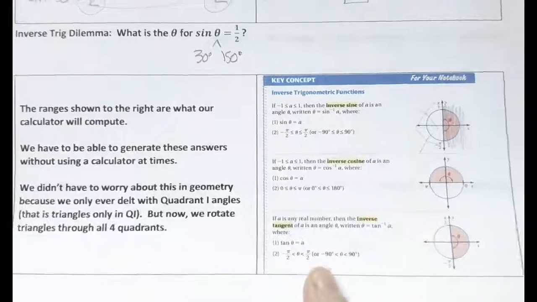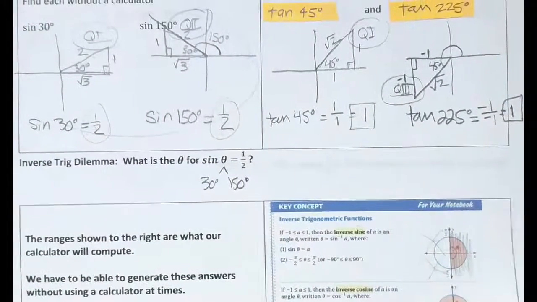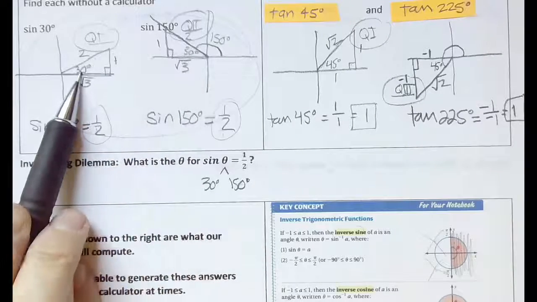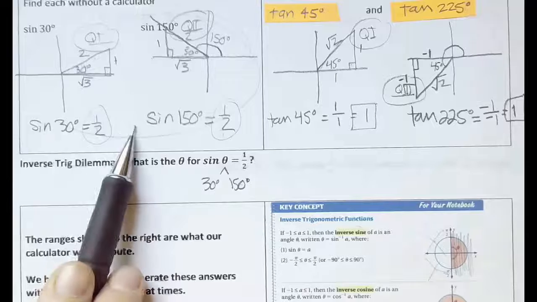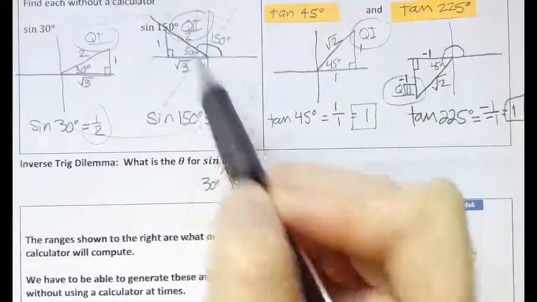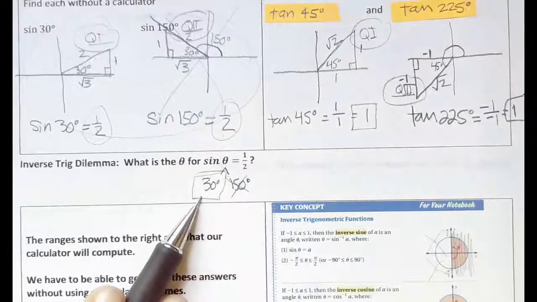So when I look back up here and ask how I know what answer to give, because two angles produce the same ratio, I look at my restrictions. For the sine, I'm not going to give any answers in quadrant 2. So that 150 would not exist, and I'm only going to say it's 30 degrees.